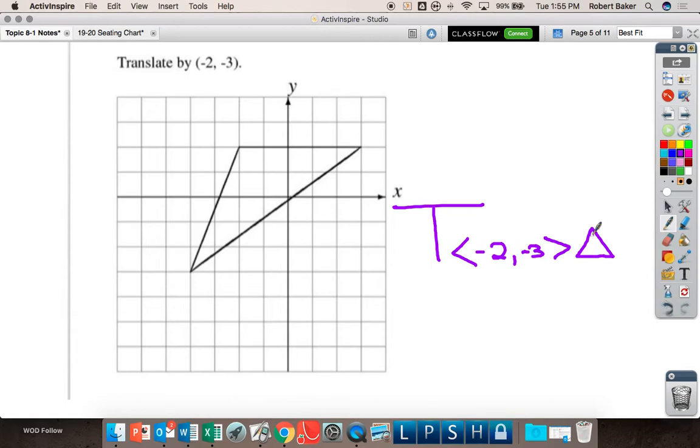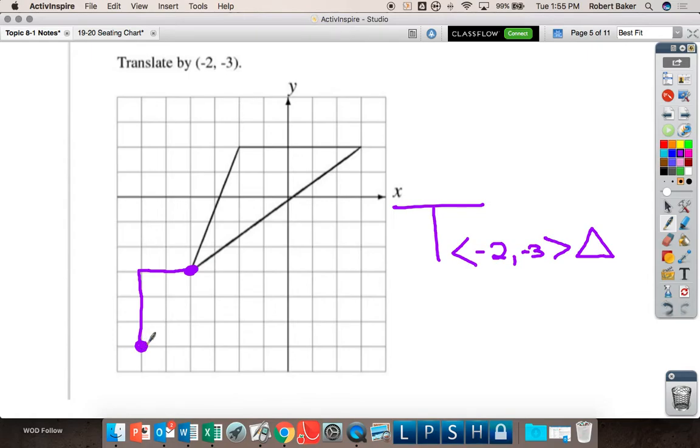So you have to do it from each vertex. So pick a vertex. I'm going to pick this one right here. I need to do -2, -3. So what does that mean? Down 3, left 2. It's like plotting points. You always go left and right before you go up or down.